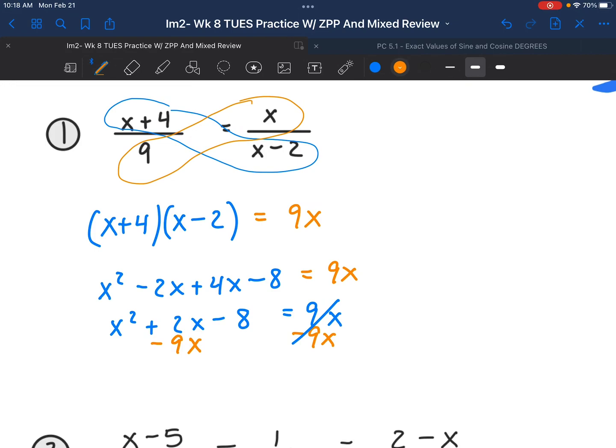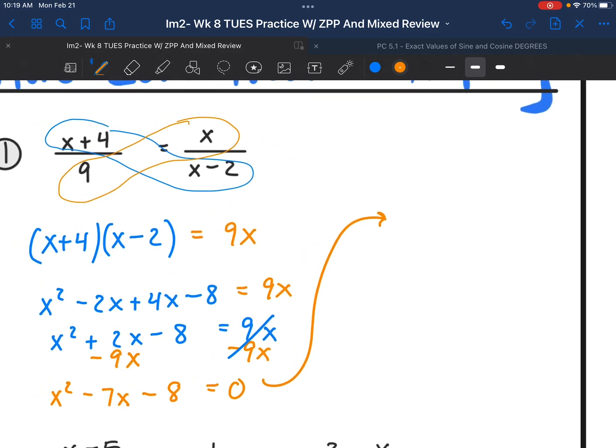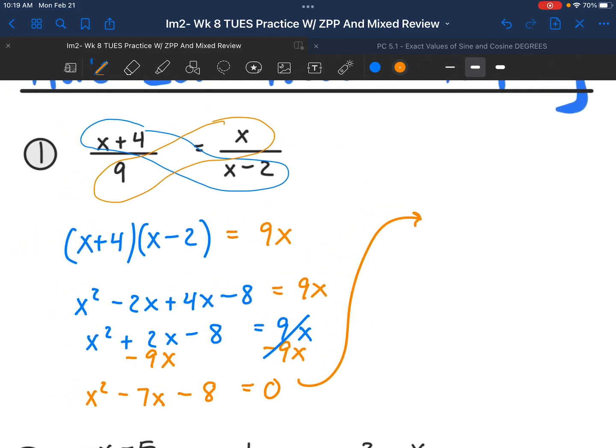And that will become now x squared minus 7x minus 8 equals 0. And then you go about factoring the result. Now that we have 0 on one side, we can factor and solve.